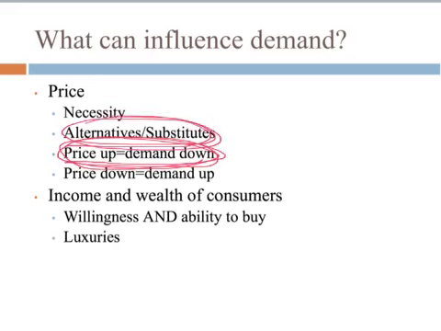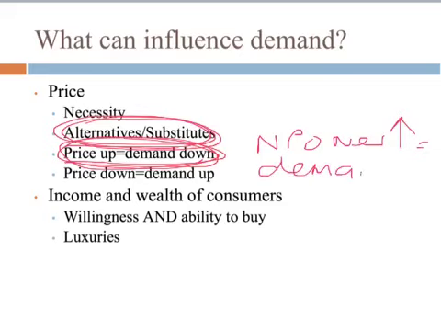So people are looking for alternatives, or substitutes, so they can change their supplier. So if Npower put their price up, then demand will go down. So price up equals demand down. This is me trying to write on an iPad, so it's not looking great.